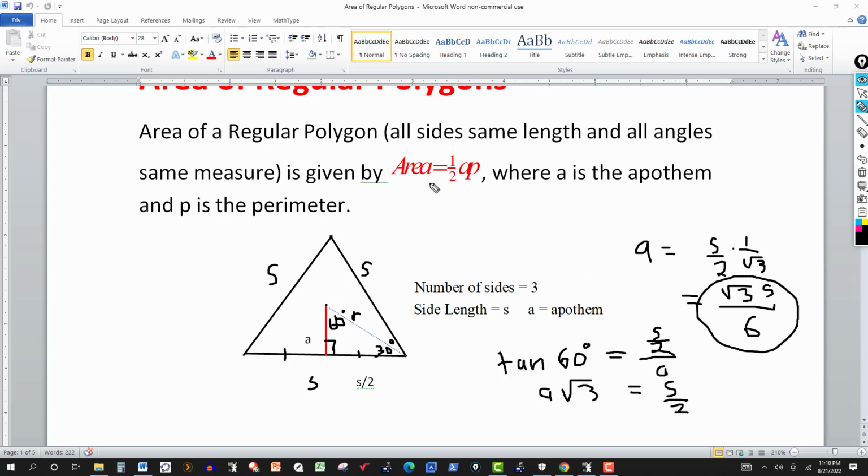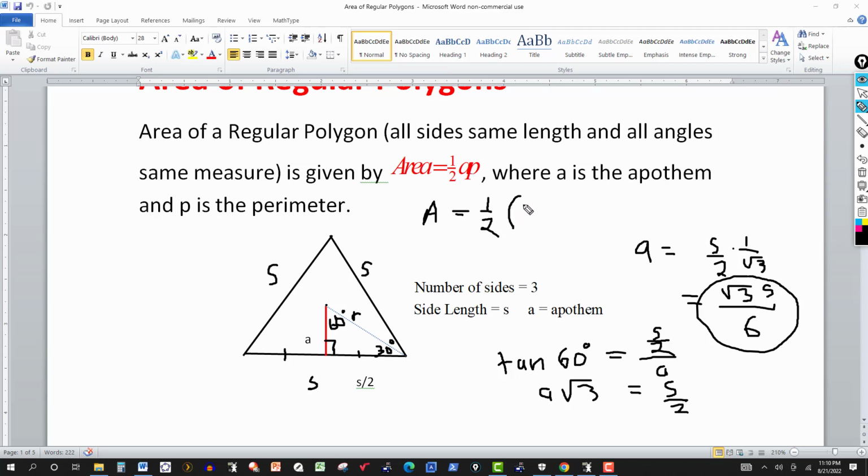So using this formula, I can find the area of an equilateral triangle. And that area will be given by 1/2 the apothem.